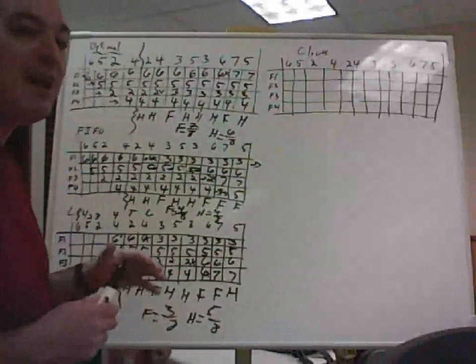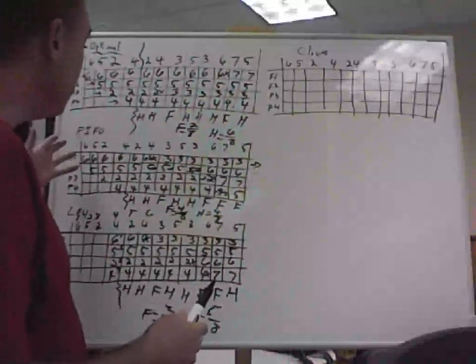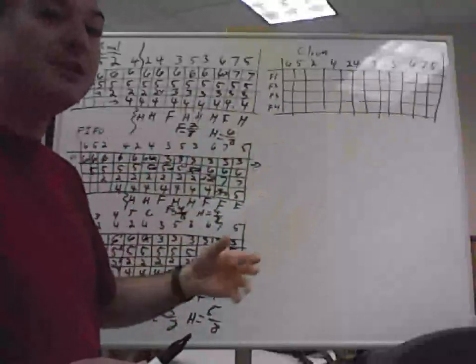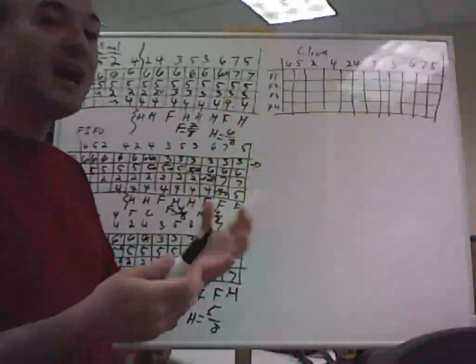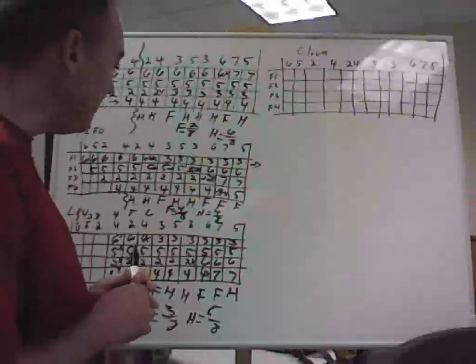FIFO has almost no overhead. All you need to do is keep a pointer, a reference to the next frame that you need to replace. Whereas LRU can potentially have lots of overhead. You need timestamps for every frame and other information.